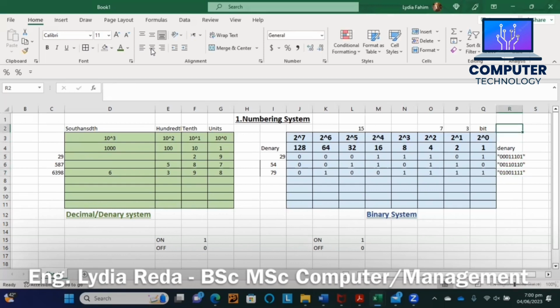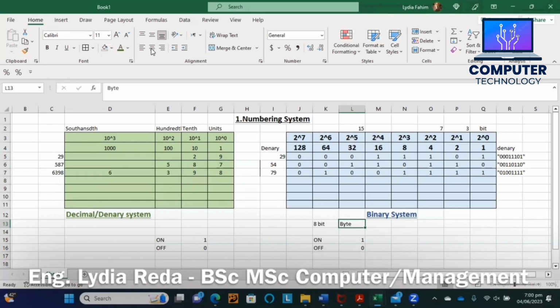Another thing I would love to tell you is that, as we said, we always use an 8-bit register, and 8 bits are known as a byte. The tiniest unit is a bit, but the smallest unit used in the computer is called a byte.